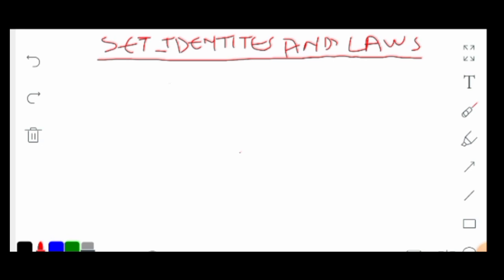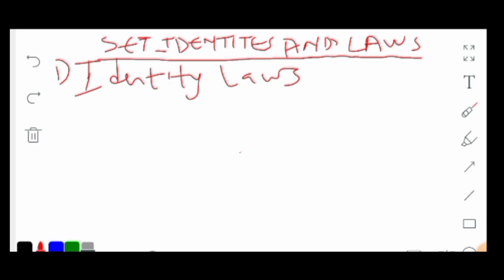So now let's look at set identities and laws. Just follow me as I'm going. Number one, we have identity laws. What do they say? Laws are just the rules and regulations that guide the set. That is the constant thing that is meant to happen when you are performing a set operation.